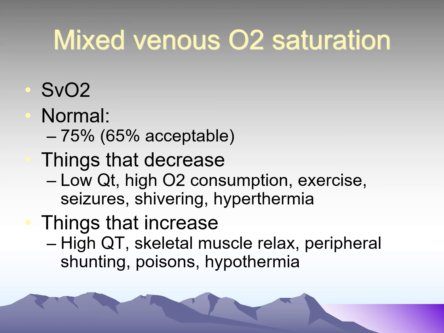Those are things that I mentioned before, which would be a low cardiac output, high oxygen consumption, exercise, seizures, shivering, anything that's going to increase your metabolism, and hyperthermia. And then things that increase your SvO2 would be a high cardiac output, skeletal muscle relaxation, peripheral shunting, and poisons and hypothermia.